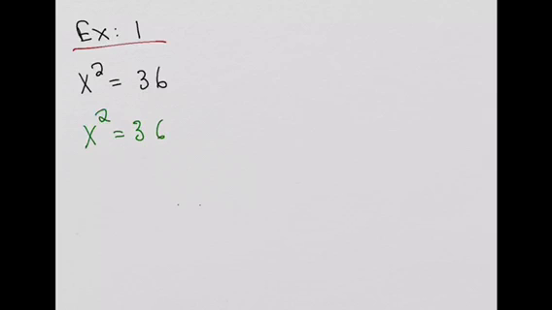This cancels the square. I am left with x equals, now this is very important, plus or minus the square root of 36. What is the square root of 36? 6. So x equals 6 and negative 6.